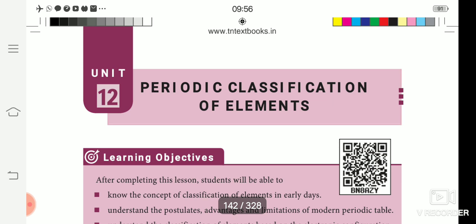Now, in the periodic classification of elements, how many elements are present in the periodic table, which groups are present in the periodic table, and how do we separate the elements in the periodic table? We will study this topic, periodic classification of elements.